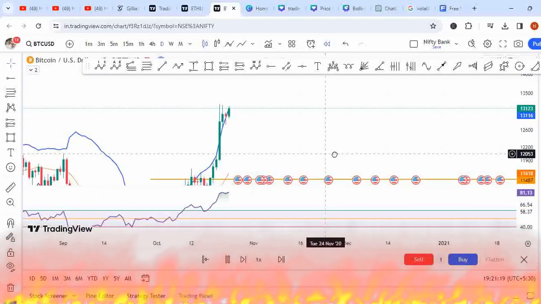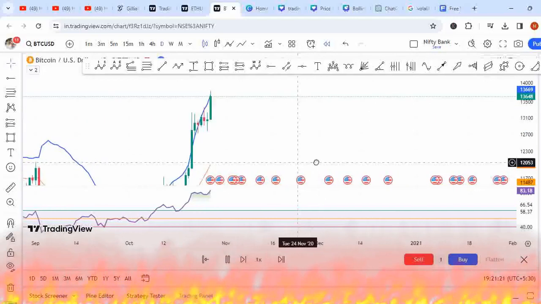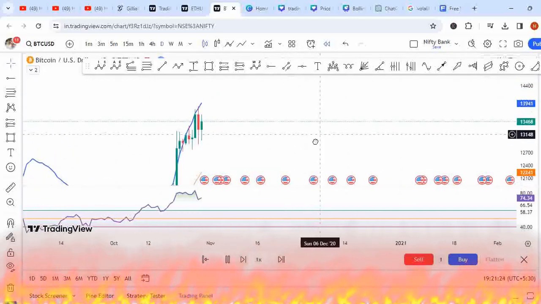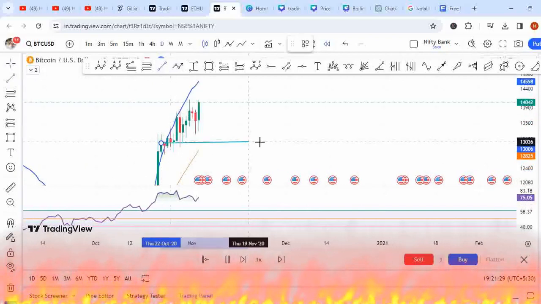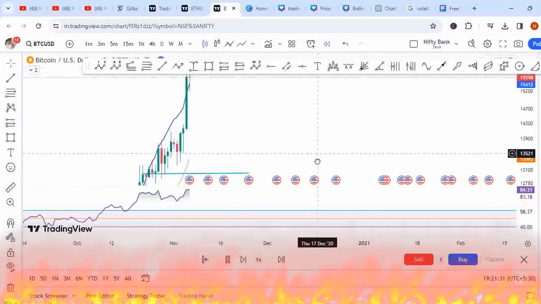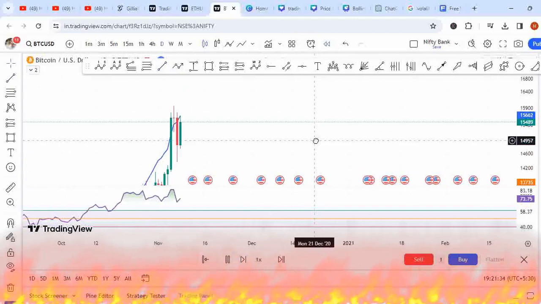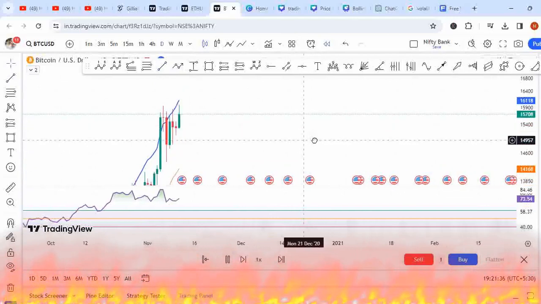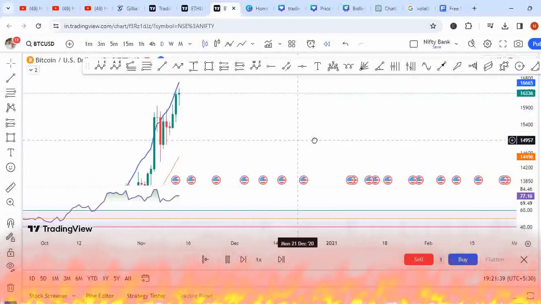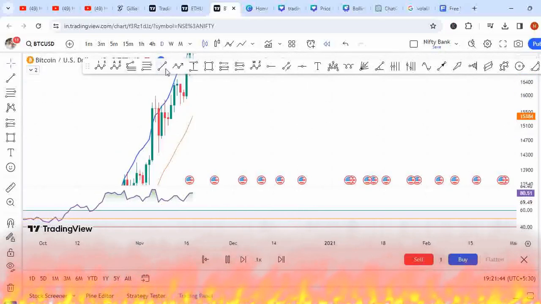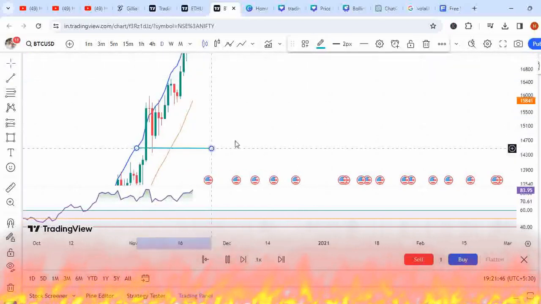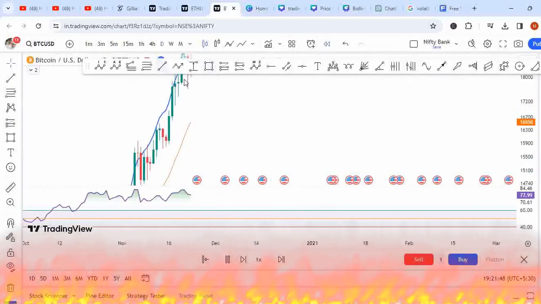See, you have got a beautiful trade. Now you can trail your stop loss here, low of this swing. And now again you can trail the stop loss here. Again you can trail the stop loss here.